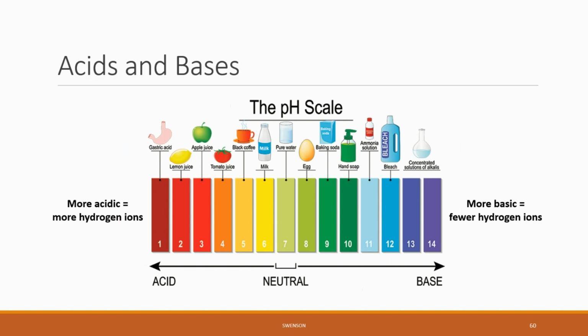If we look at, say, gastric acid, it's going to be one of the more acidic things that we're going to find on the scale. So if you were to guess, does gastric acid have more protons or fewer protons than, say, tomato juice? You should say it has more protons, or more hydrogen ions, because it is more acidic.